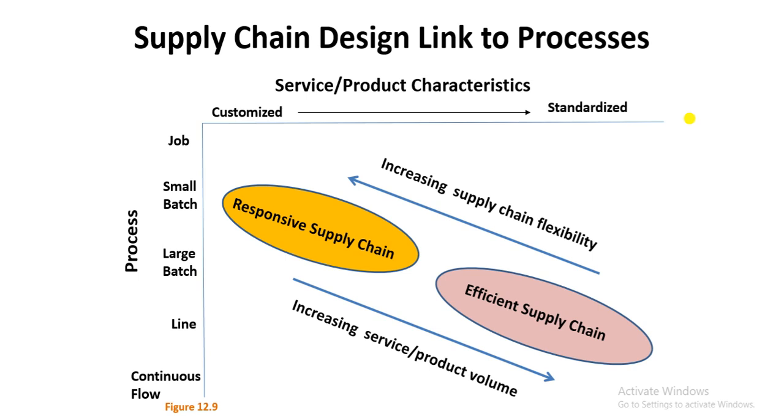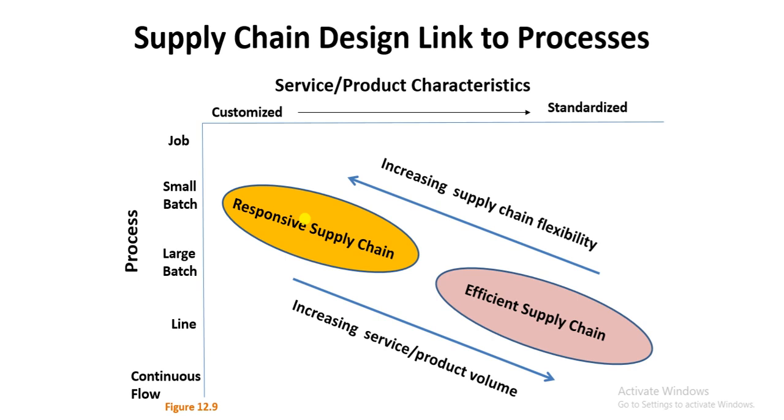So as you can see in this slide, if there is more customization and you are choosing a job shop or a small batch or the large batch process, then your supply chain should be a responsive supply chain, because this supply chain will enable the company to meet the changing demands from the customer.